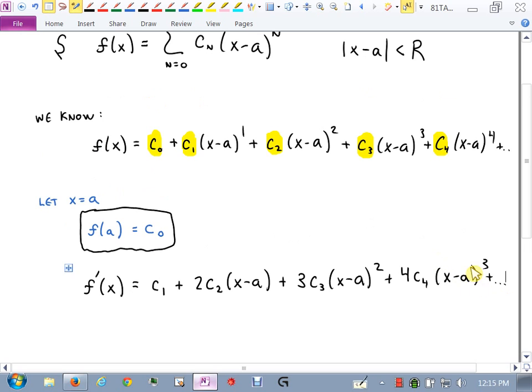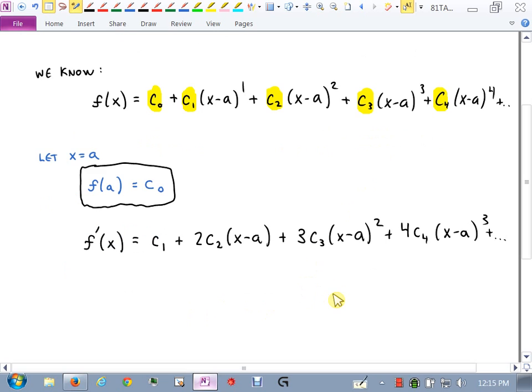Y'all see? We did the derivative just like previously, didn't we? We're just taking these powers, bringing them out, bringing them out, right? Now let me ask you this. What's f prime of a? Well, if I plug a in here for x, what do I get? 0, 0, 0.